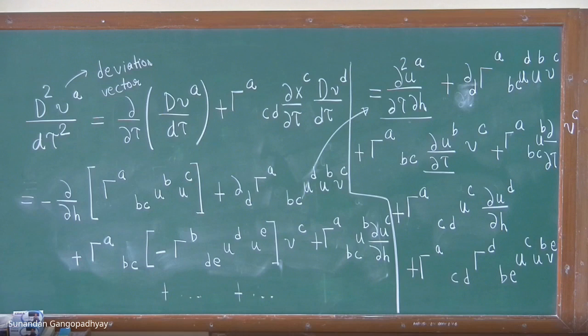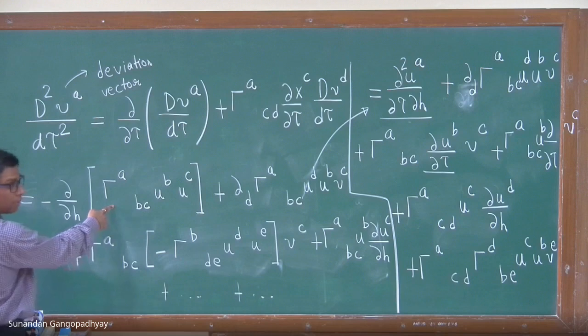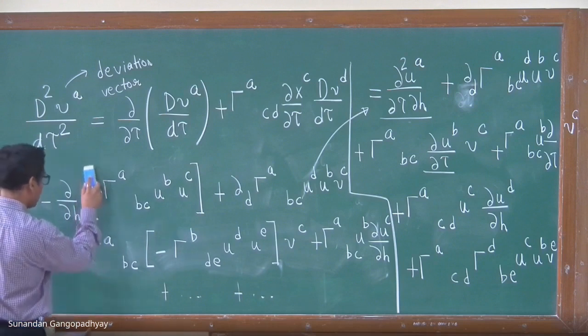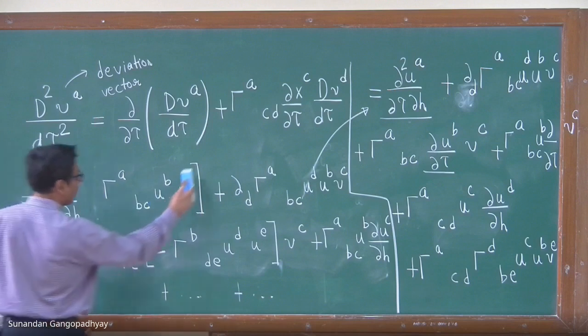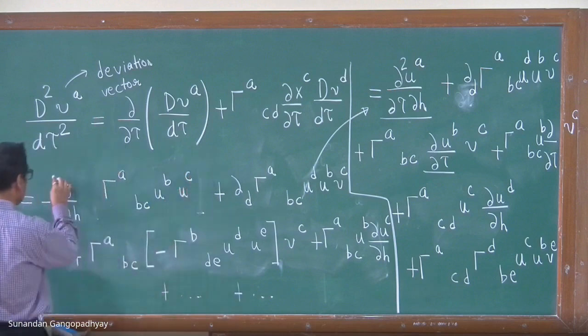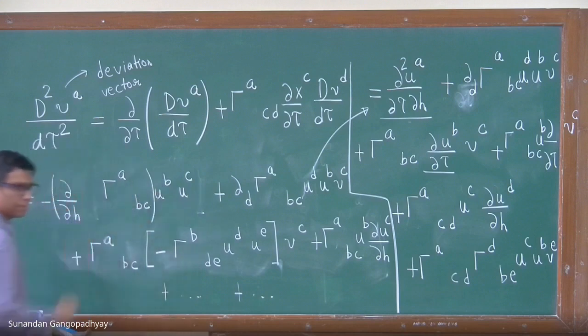Next thing that we shall do is, from here you can see that this partial derivative will act on this one, and it will act on these two terms. So there will be three terms, right? But what I mean is this acts only on this term. This is one term.